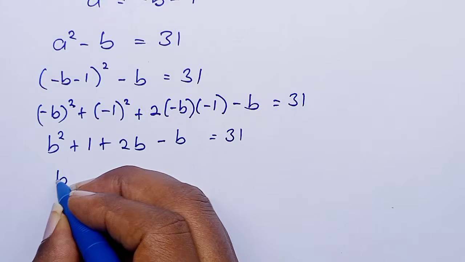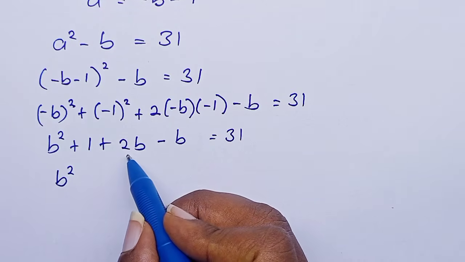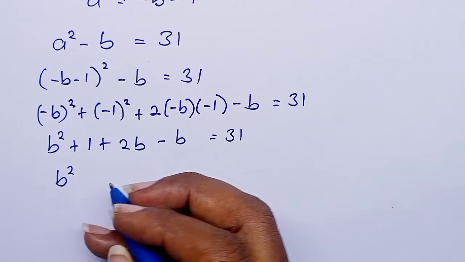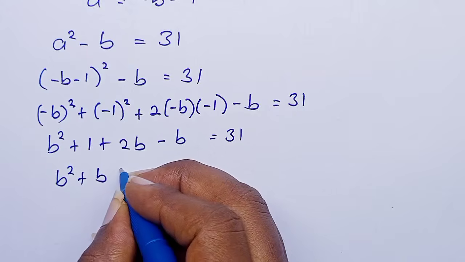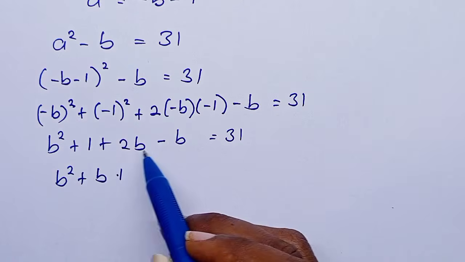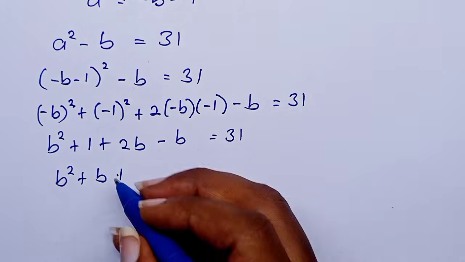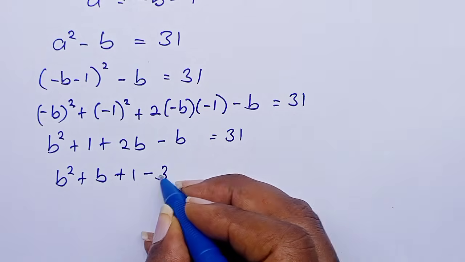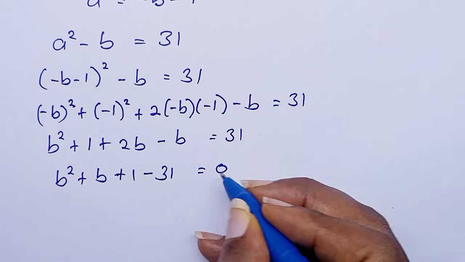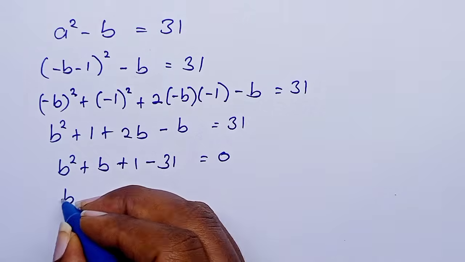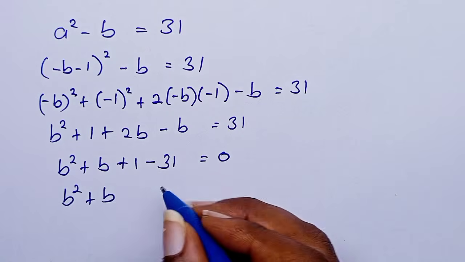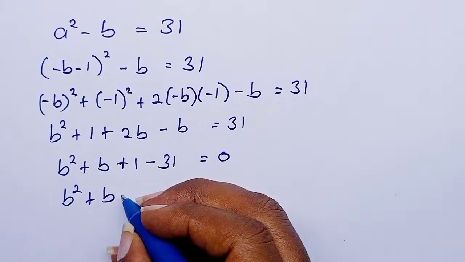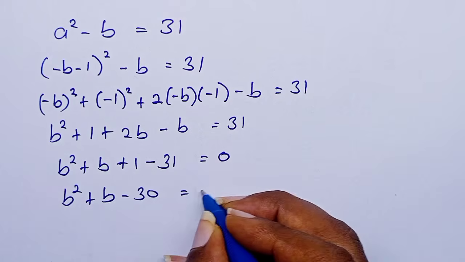So we have b squared, then 2b minus b leaves us with b, so plus b, then plus 1, then we bring this 31 to this side, so it will be minus 31, equals to 0. So this will be b squared plus b, and this minus 31 leaves us with minus 30, equals to 0.